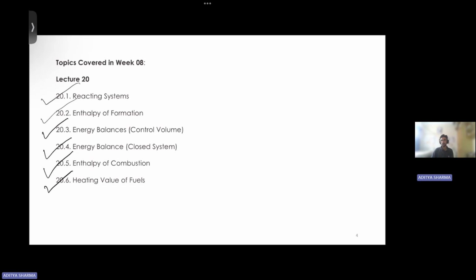So what happens when we have a reaction with reactants? There we get our products, and in those products, one product is H2O also. This low heating value and high heating value is defined based on the phase or state in which your H2O is.